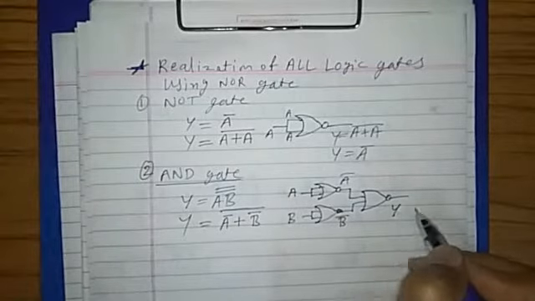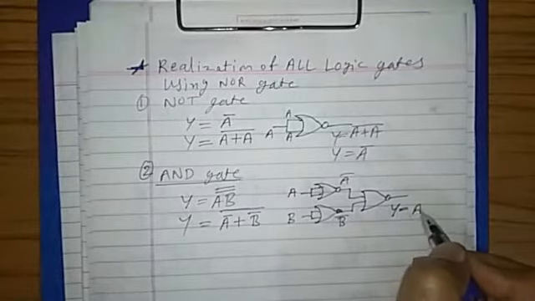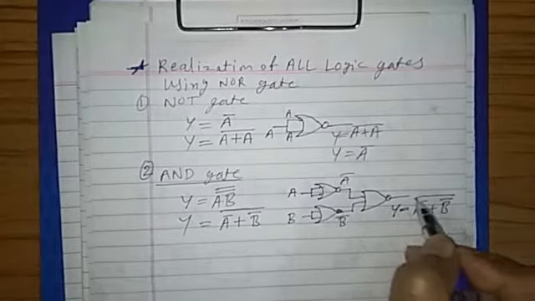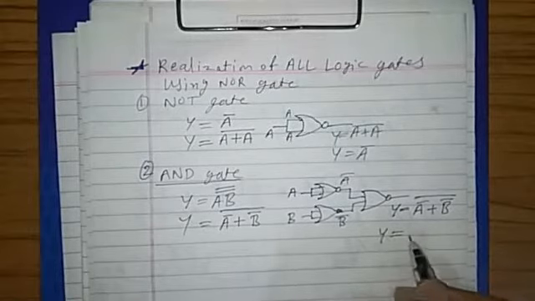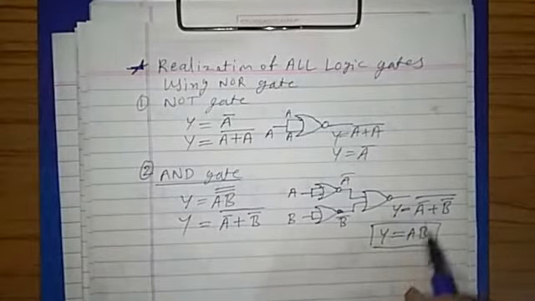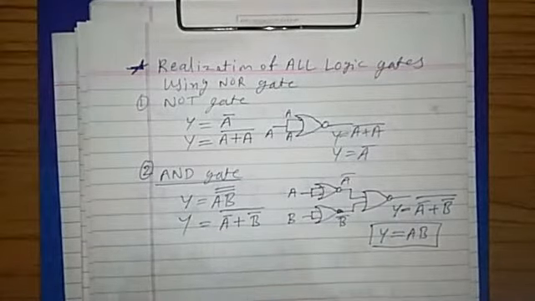Therefore Y is equal to (A bar plus B bar) whole bar. This is nothing but Y equal to AB. That is what we have got here, (A bar plus B bar) whole bar, which is AB.